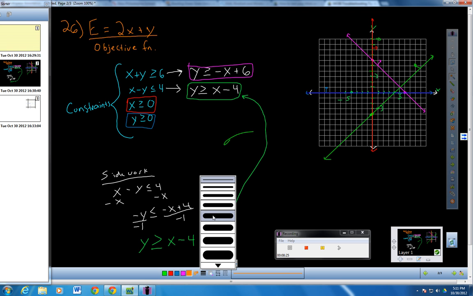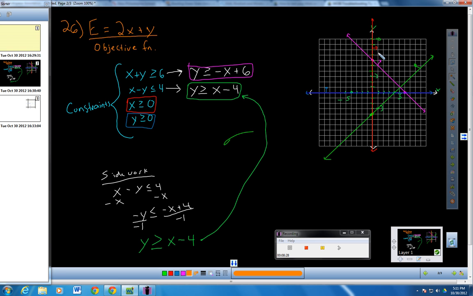I'm going to go ahead and color that in orange. And I know that it's going to be this right here. This is the point where all of those intersect. These are the only points that I want to use for my feasible region.